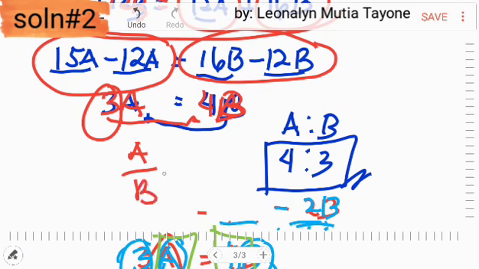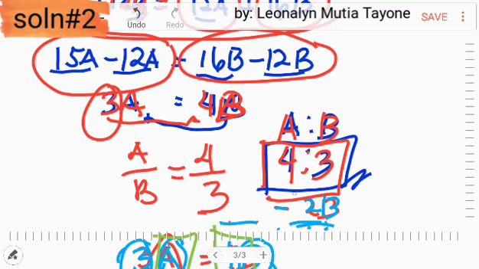A over B equals 4 over 3. A equals 4, B equals 3. So this is the answer, 4 is to 3.